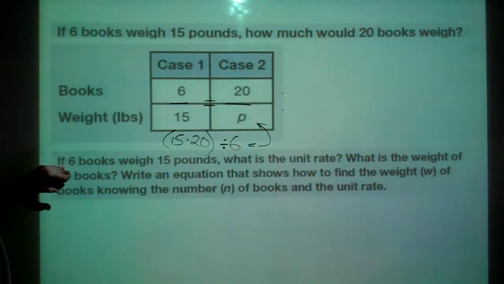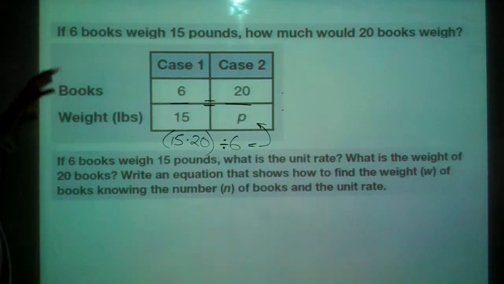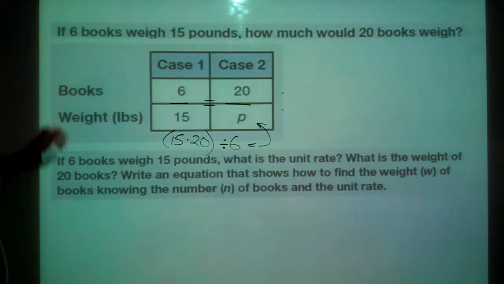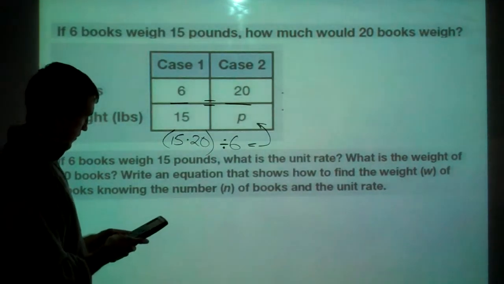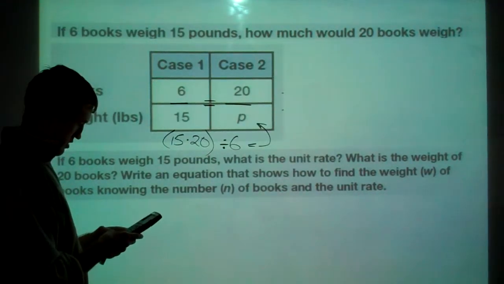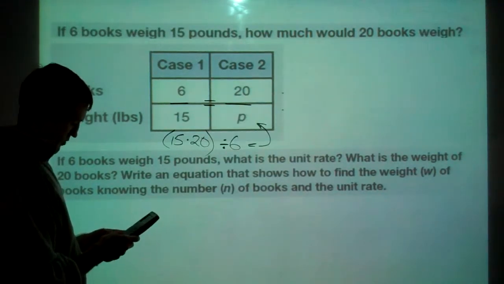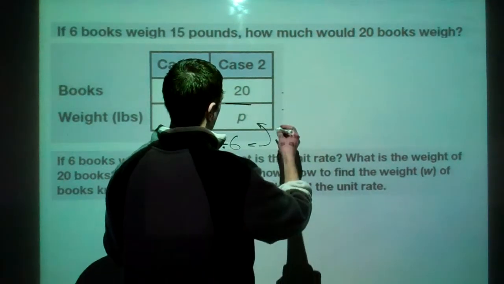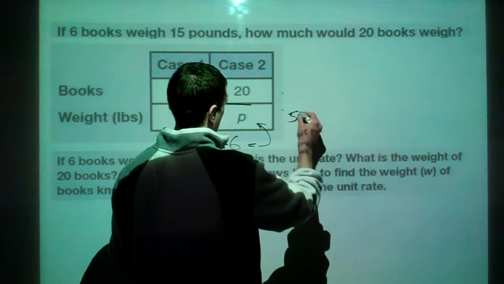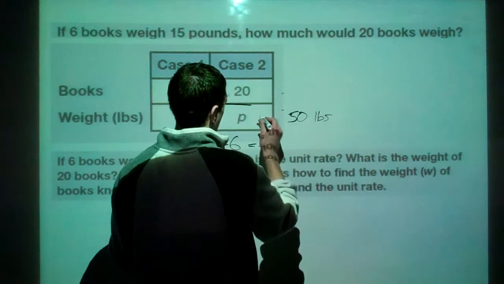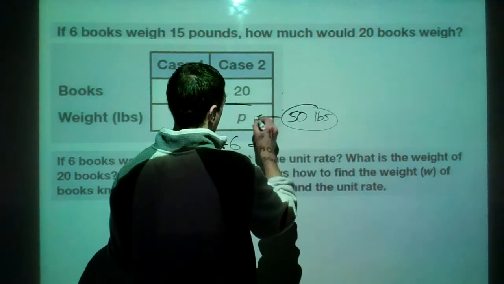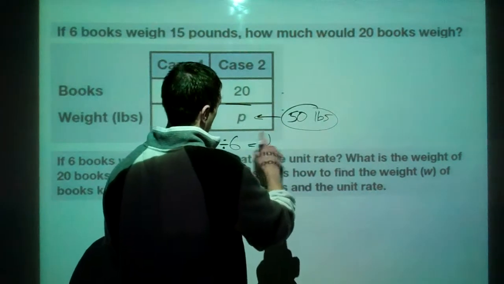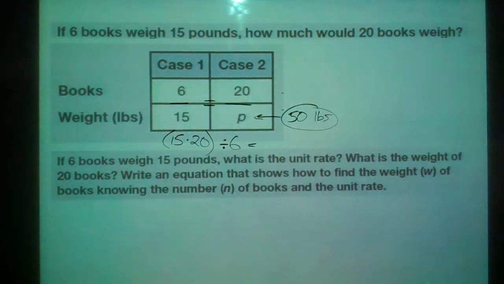Now, I'm going to do it on my calculator here. 15 times 20 is 300, and we're going to divide that by 6, and we should know that that's 50. Okay, so here we get 50 pounds. Alright. So that's how we did it that way.